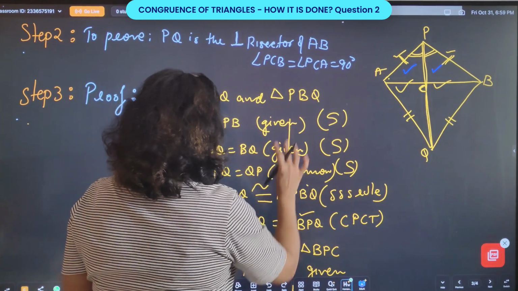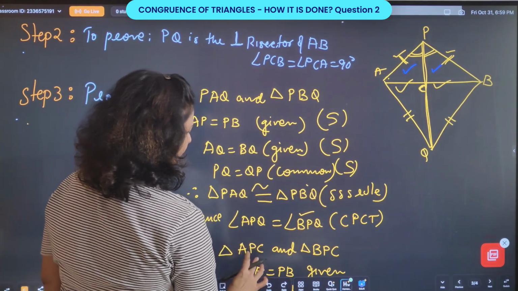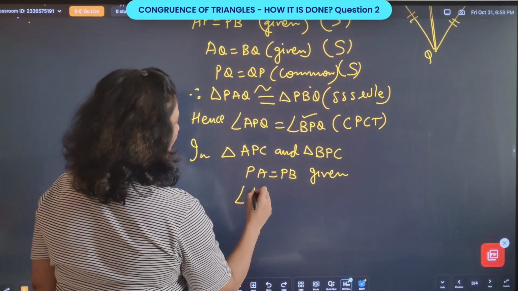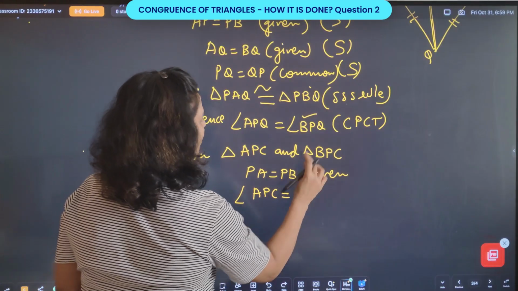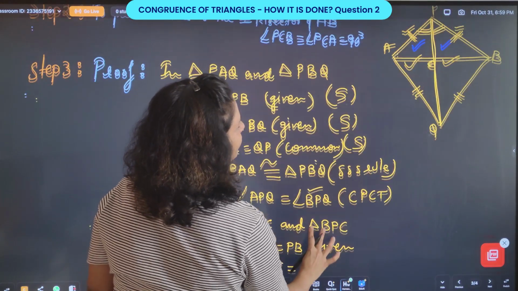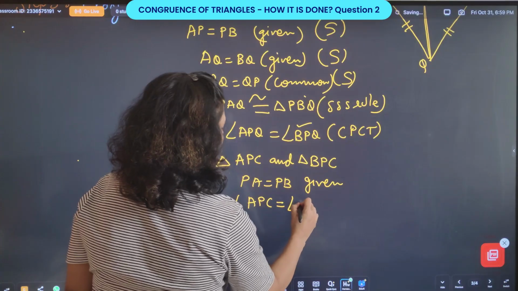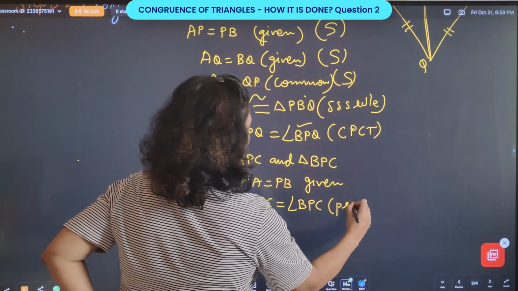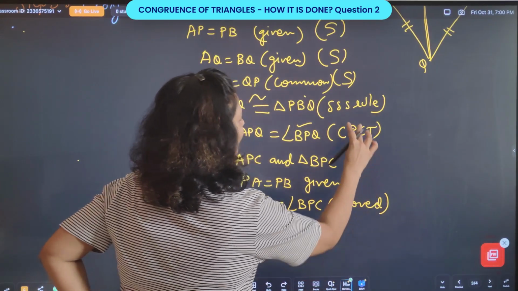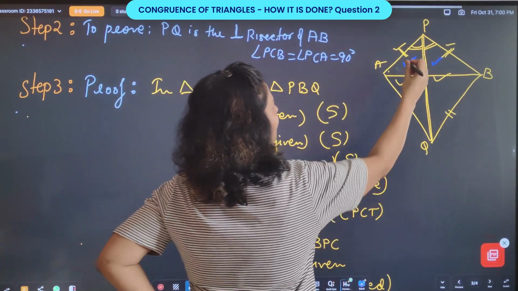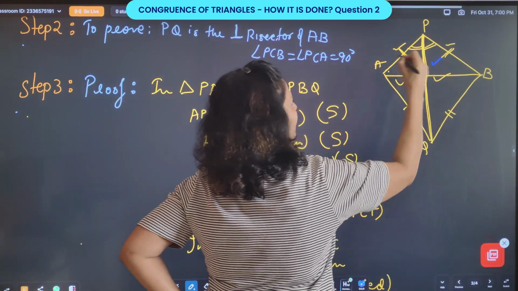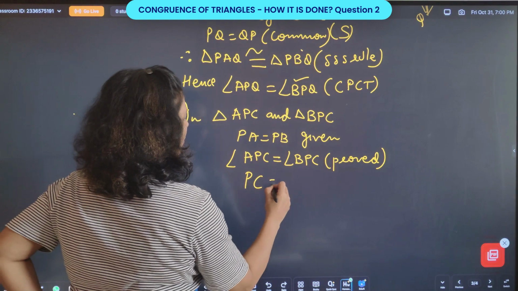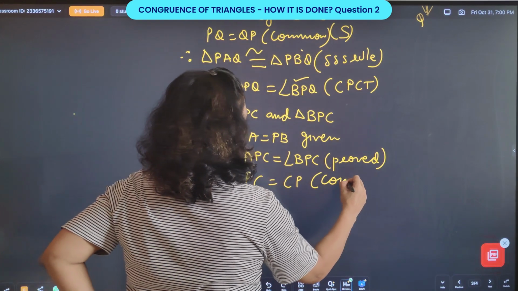So I can write angle APC equal to angle BPC. This we also proved already. Now if you see the figure, this PC is the common side. PC equals CP, the common side.